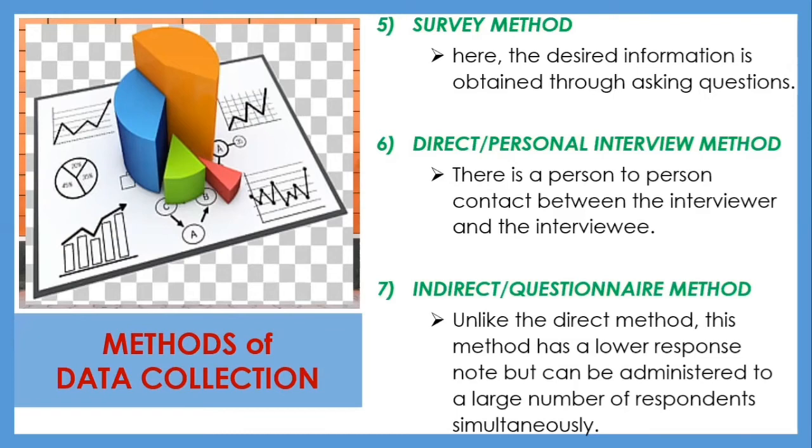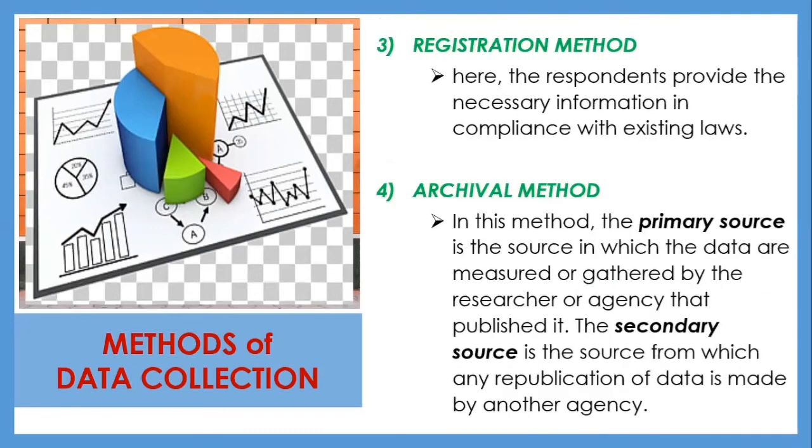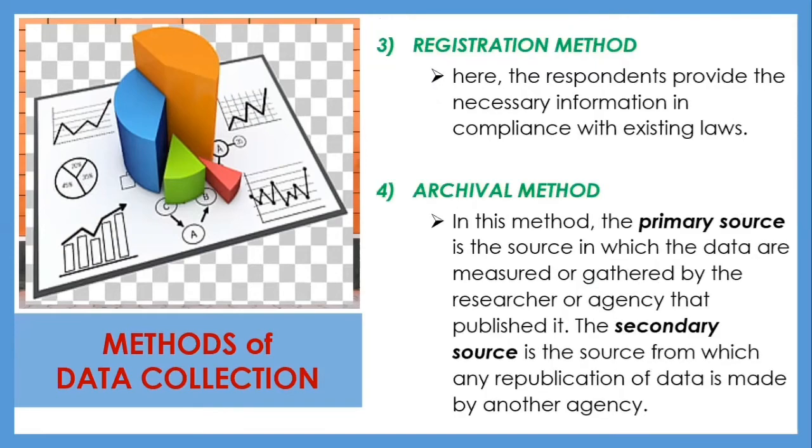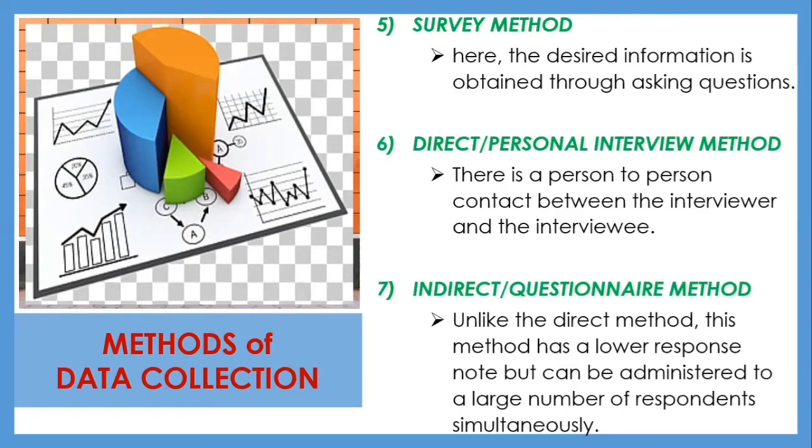Okay, so these are the methods of data collection. We have observation method, experimental method, registration method, archival method, and survey method. And our survey method has two types. We have direct or personal interview, and we also have indirect or questionnaire method.